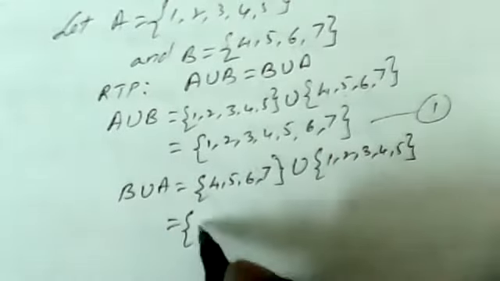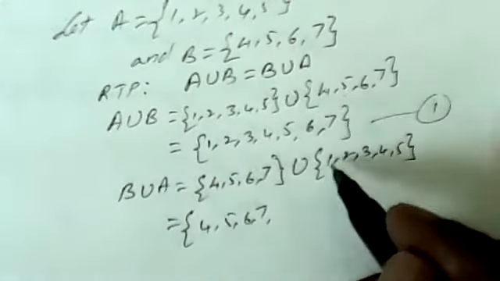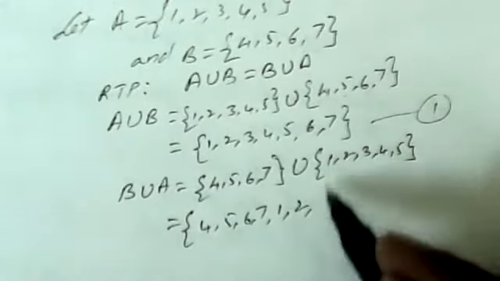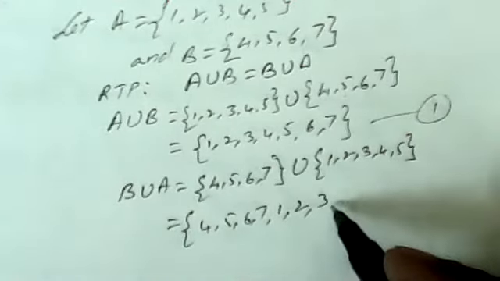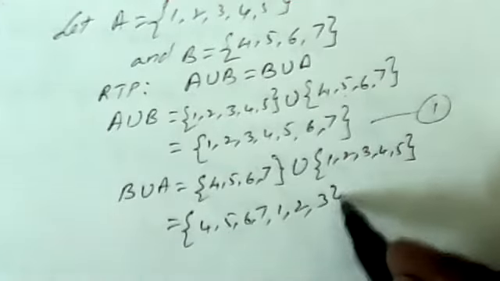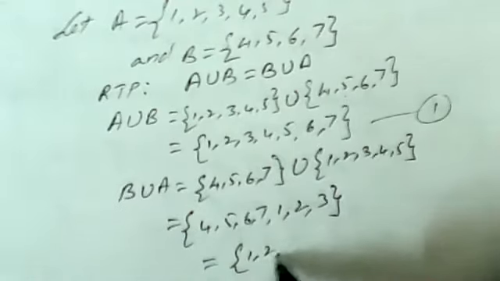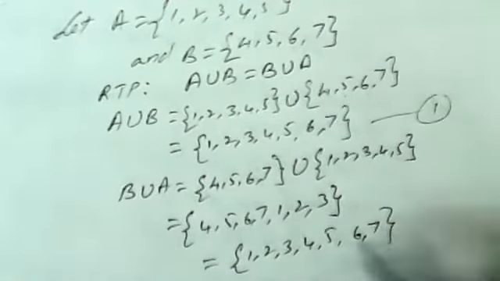The set of all elements of B, 4, 5, 6, 7, and then 1 is not there, so you write it; 2, not there; 3, not there; 4 is there; 5 is there. If you arrange them in order, 1, 2, 3, 4, 5, 6, 7. This is 2.